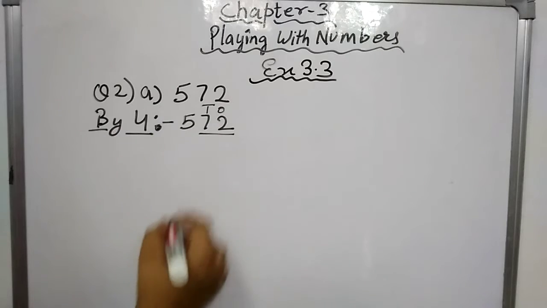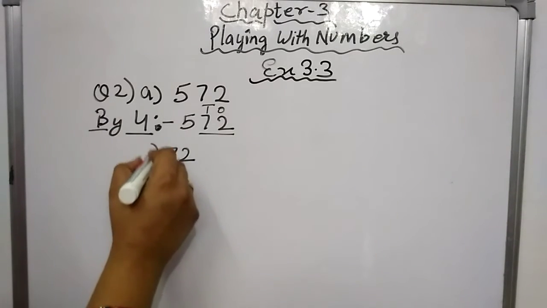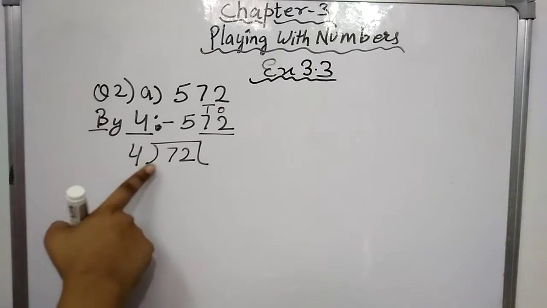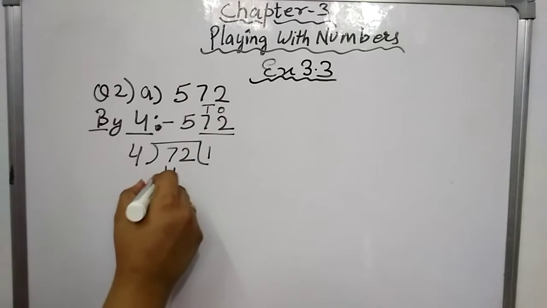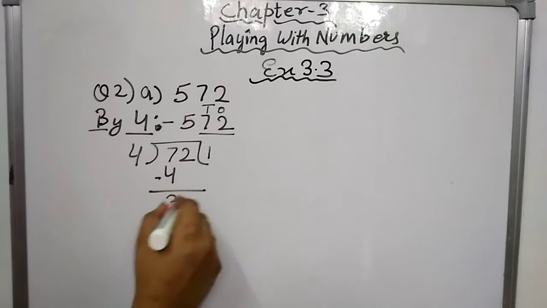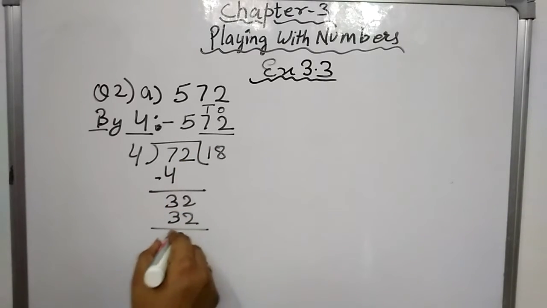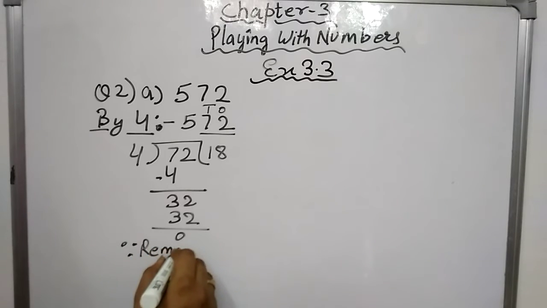So digits at ones and tens place makes a number 72. If this number is divisible by 4, so let's divide it with 4. We get our quotient as 18 and remainder as 0. Hence, remainder is 0.